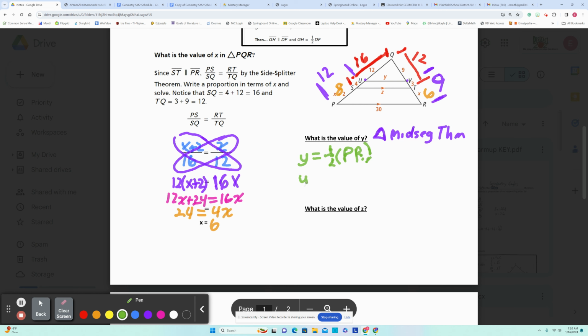So y is 1/2 of 30. So y is equal to 15. Okay, so that one was pretty easy.